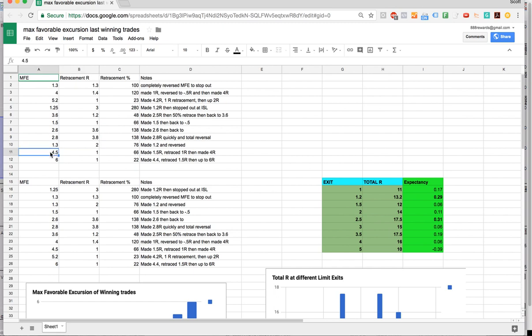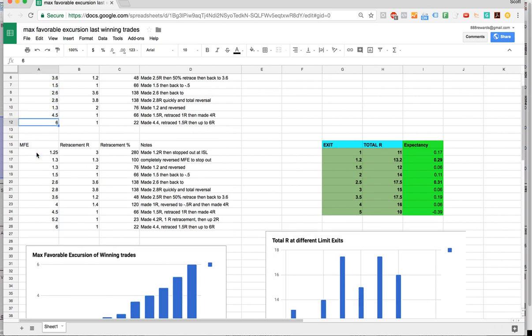This one made 1.5 R, retraced 1 R back to 0.5 R, then made 4 R. So I can still call that a 4.5. This one made 4.4 R, retraced 1.5 R, then went all the way to 6 R. So you could reasonably attempt to hold for that. This is a small sample size. It's not enough to make any real conclusions, but it's a demonstration of how you go about the process.